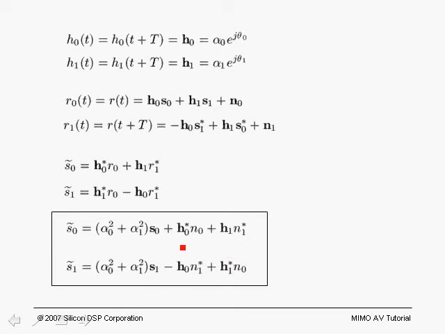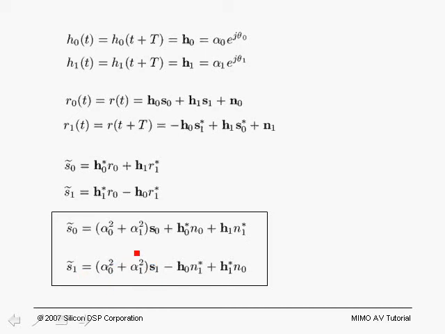Now, if we look at this expression here, let's assume for the moment that we have a very high signal to noise ratio and that we can ignore the noise terms. This is just a temporary assumption. Then if we ignore the noise terms, S0 tilde is just equal to some proportionality constant times S0, and S1 tilde is equal to the same constant times S1.